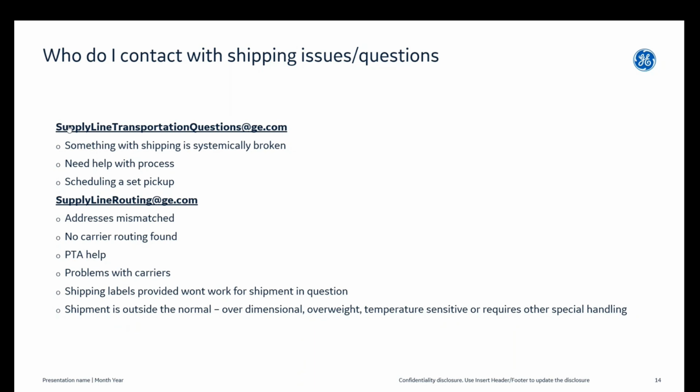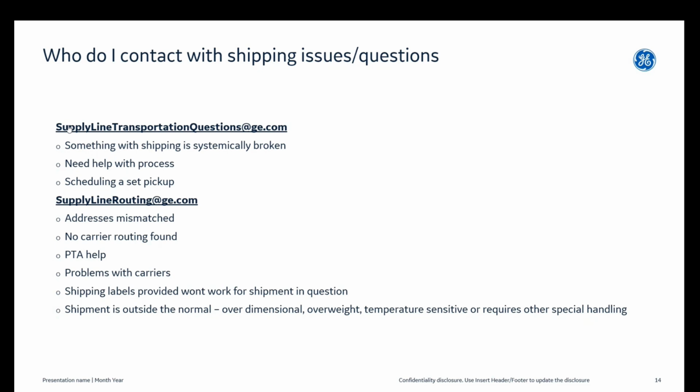Any problems with carriers, if you get labels that won't work for your scenario, or if anything in your shipment is outside the normal, okay? If you're shipping dangerous goods, or if the material that you ship is over-dimensional. If that doesn't make sense to you, then you're not shipping over-dimensional. The people that are shipping over-dimensional, you know what I'm talking about. It's too wide to go down the road.